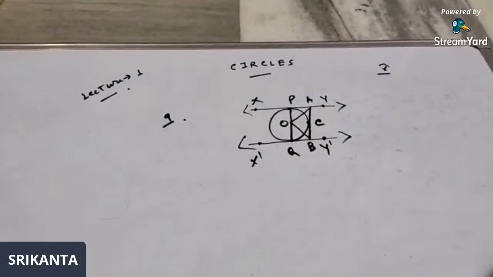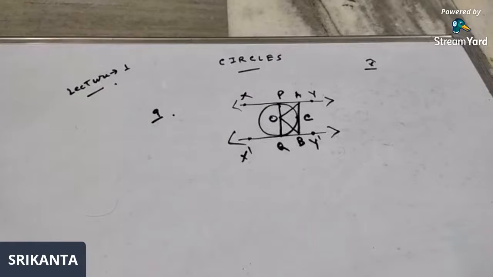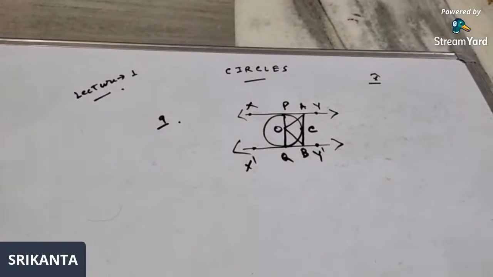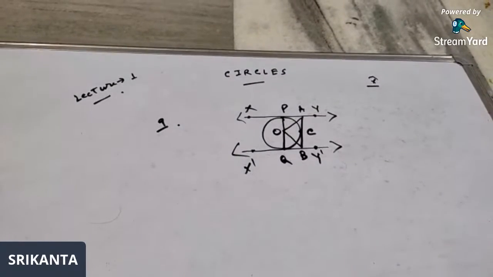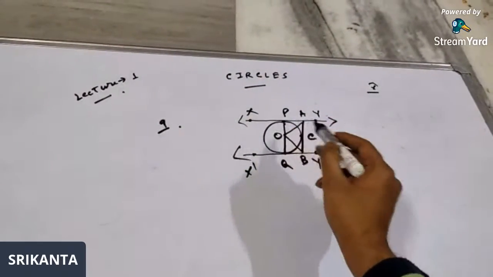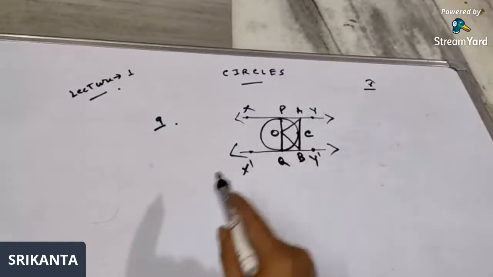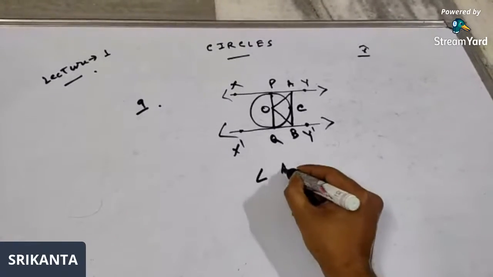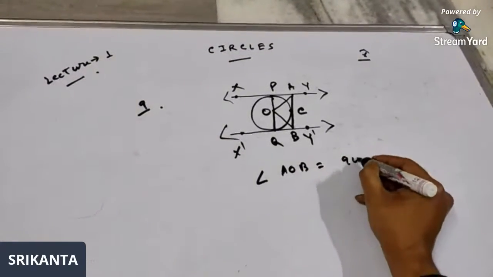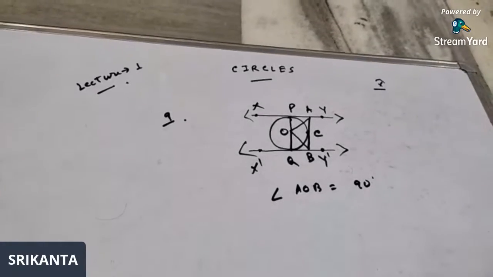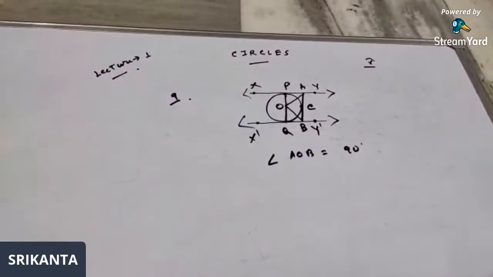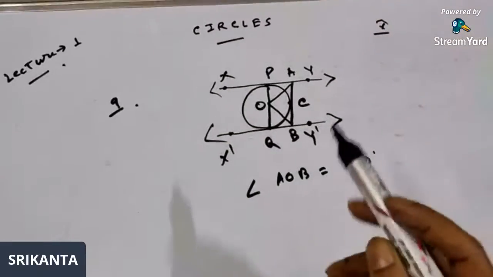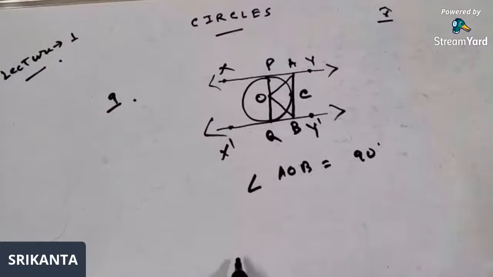This is the figure. So XY and X dash Y dash are two parallel tangents to a circle with center O and another tangent AB with point of contact C intersecting XY at A and X dash Y dash at B. Prove that angle AOB is 90 degree. What you need to prove? Angle AOB is equal to 90 degree. Clear? This is what we need to prove.